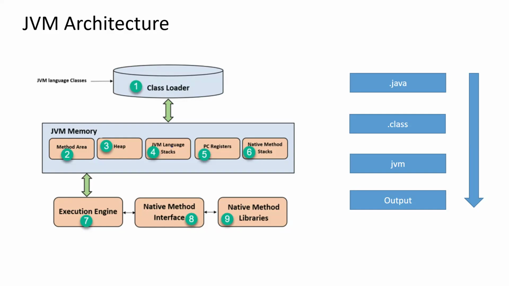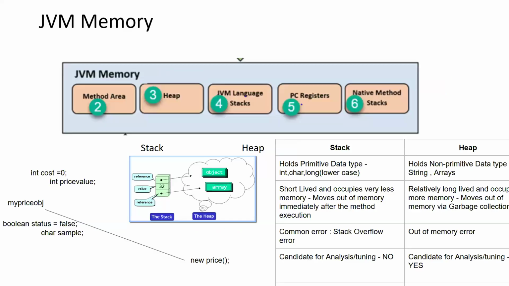Now in Java, we have 2 types of data types. One is primitive and another one is non-primitive. Let's not go too technical with this jargon, to keep it simple.